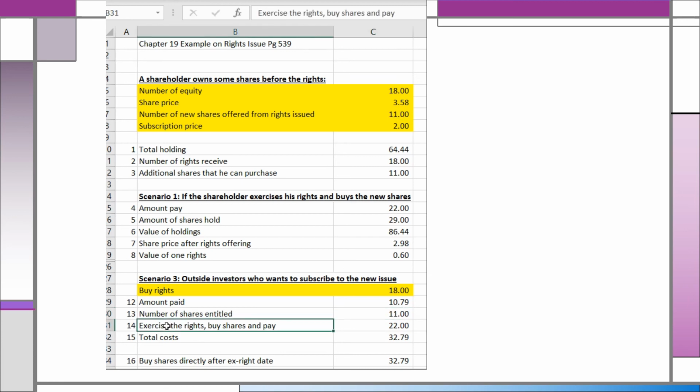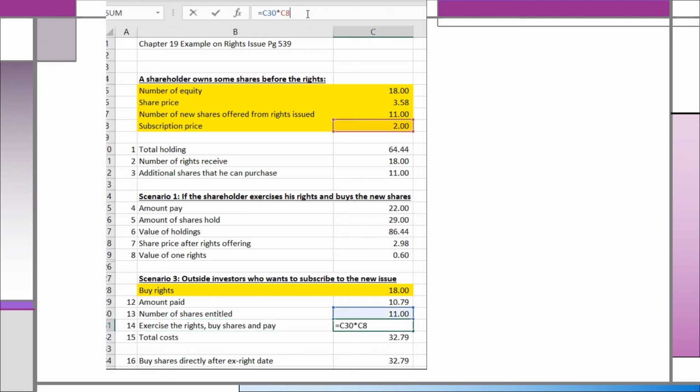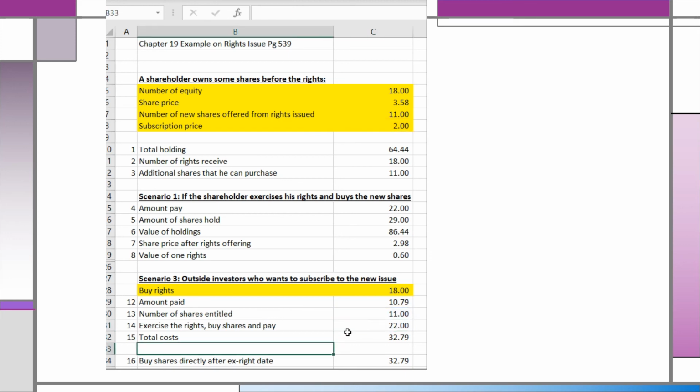Question 14. How much does the outside investor pay to purchase 11 shares? When he buys 11 shares, he pays the subscription price of £2 per share. The amount paid is £22. Question 15. How much is the total cost?